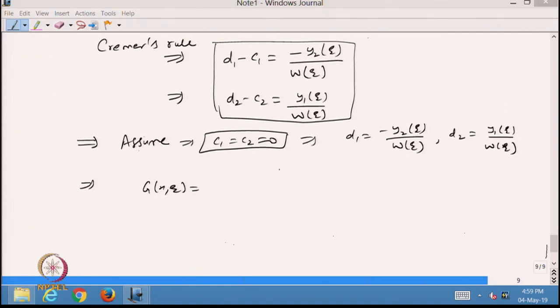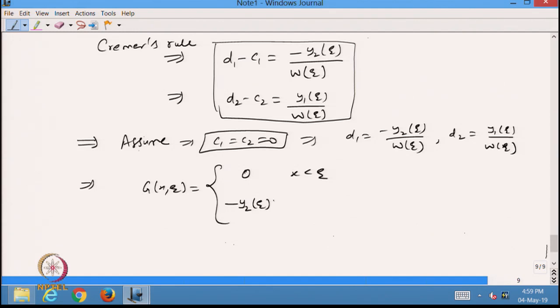In that case this will be equal to 0 when x is less than xi, and this will be equal to minus y2(xi) y1(x) plus y1(xi) y2(x) divided by the Wronskian when x is greater than xi.